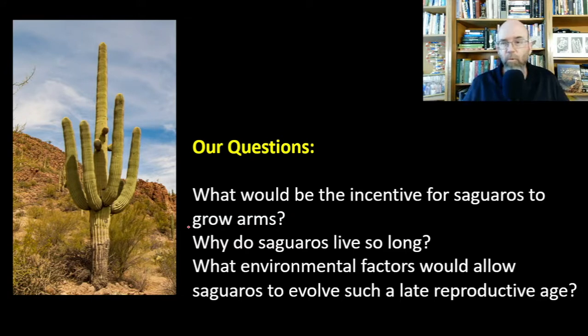All right. So what are the different environmental factors that encourage one pattern of life history versus another? I wanted them to try to identify what are some of the characteristics, some of the things in the environment that would have to exist for that particular strategy to pay off.